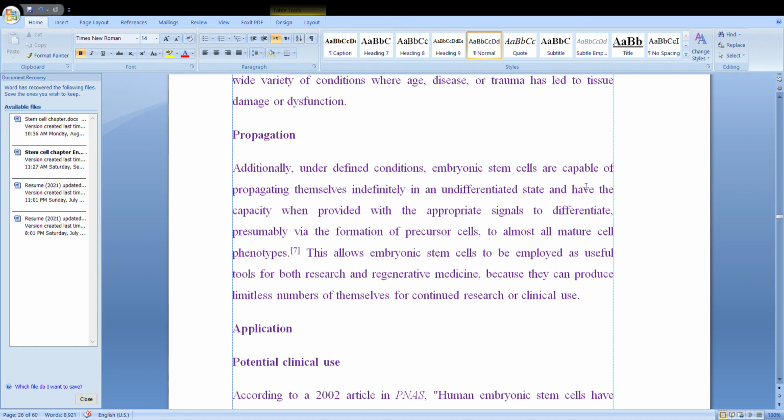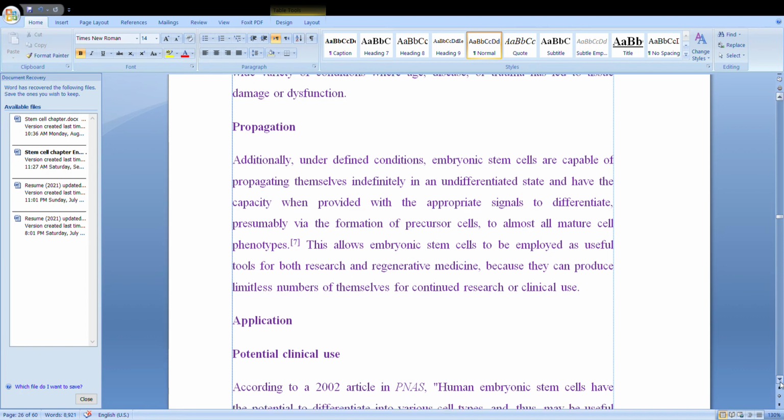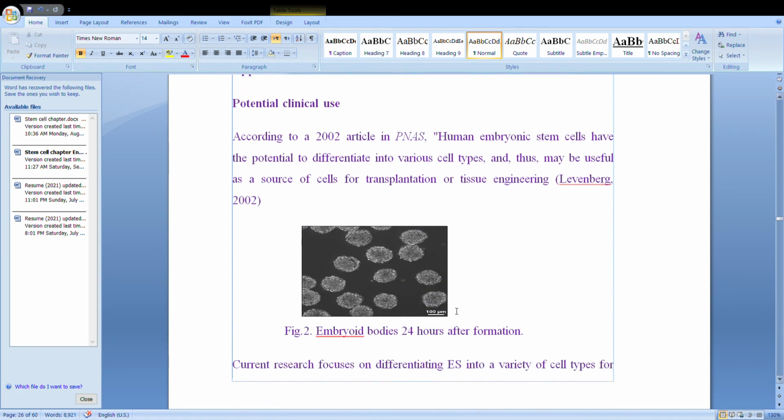Embryonic stem cells are capable of propagating themselves indefinitely in an undifferentiated state and have the capacity, when provided with the appropriate signal, to differentiate, presumably via the formation of precursor cells, to almost all mature cell phenotypes. You see here the application, potential clinical use.